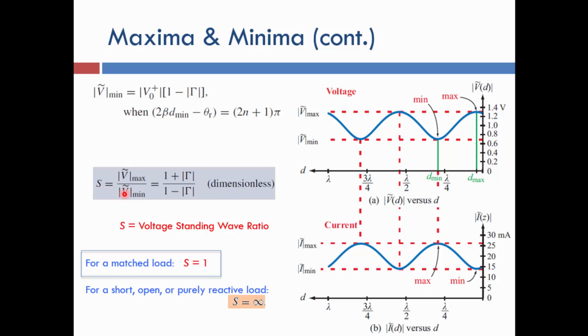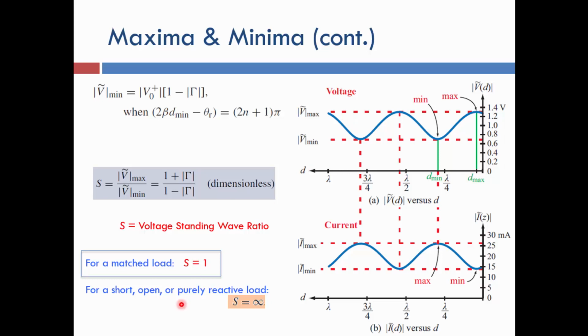So the minimum S is 1, and this is for the matching load or matching case. That means there is no reflection, because the maximum and minimum are equal. So the magnitude of the voltage along the transmission line looks like a straight line. There is no oscillation.